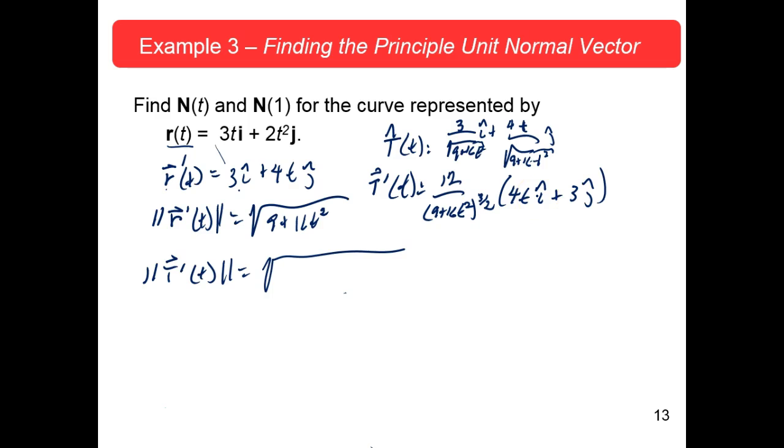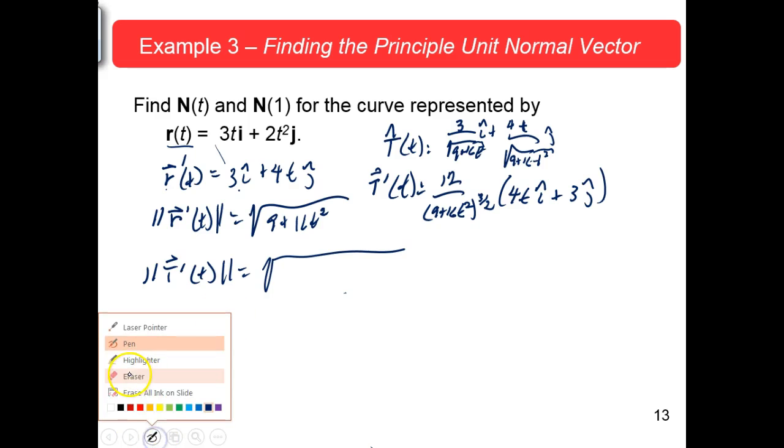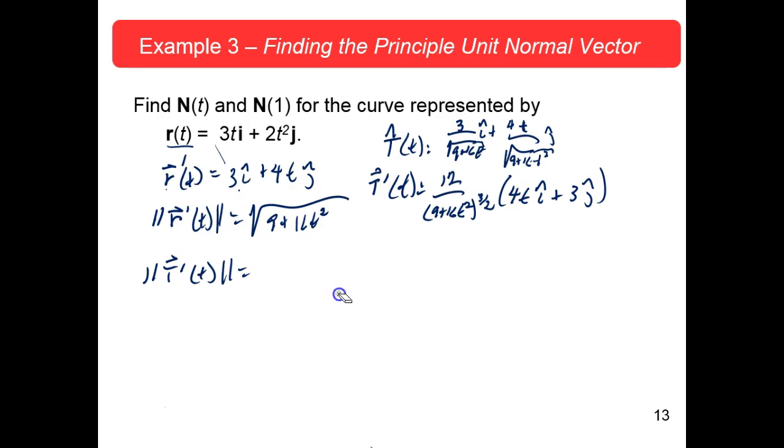Well, obviously, you're going to be squaring this thing both times, so let's go on and pull that out of the square root. You're going to square it and then take a square root of it. So basically, that leaves you with just what you had to begin with, which is 12 over 9 plus 16t squared to the 3/2 power, because you squared it and then took a square root of it.